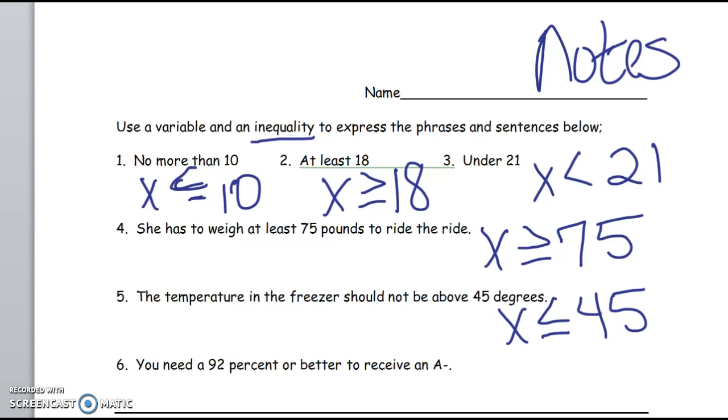And last one, you need 92% or better to receive an A-. So 92% or better. So greater than or equal to. All right, move on to the next part.